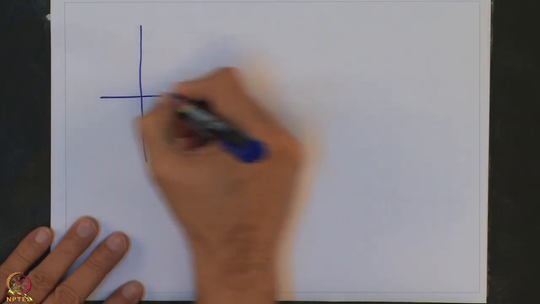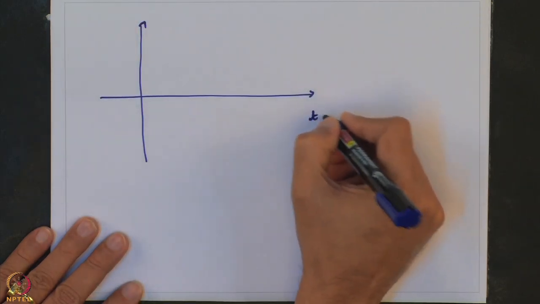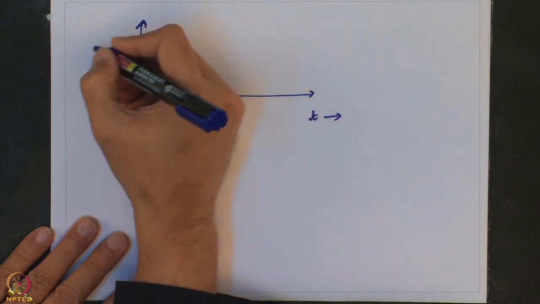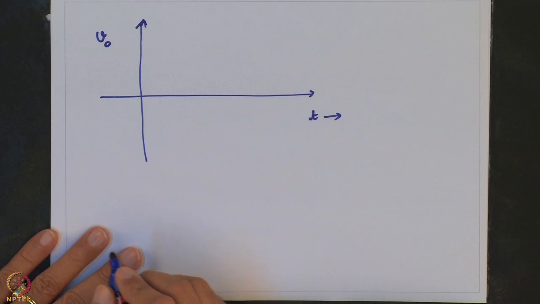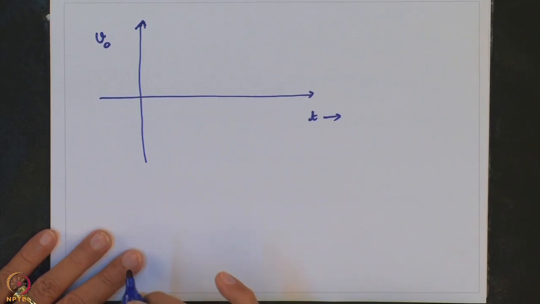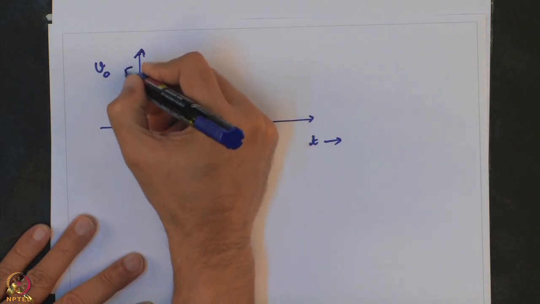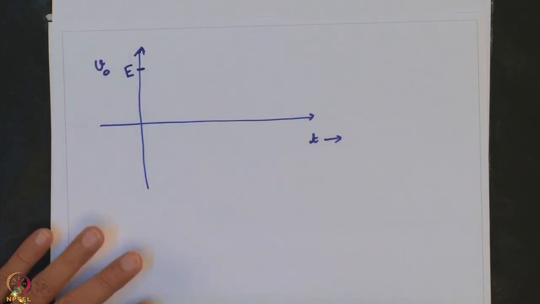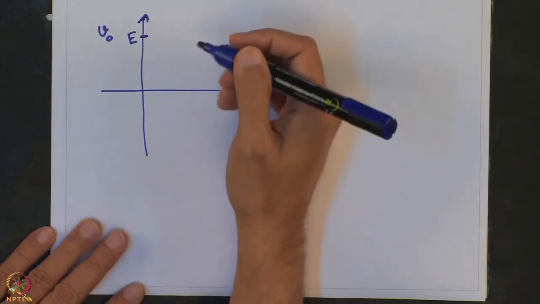If I was to just plot these on a graph, let us say this is my time axis and this is the axis on which I am plotting the output voltage of interest in the circuit that appears across R. Then let us say this is the point E in terms of magnitude.